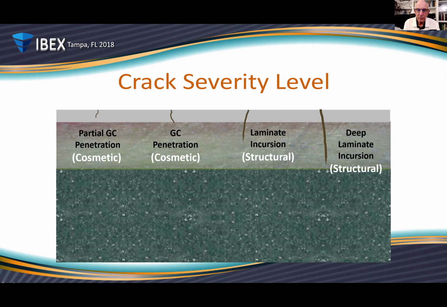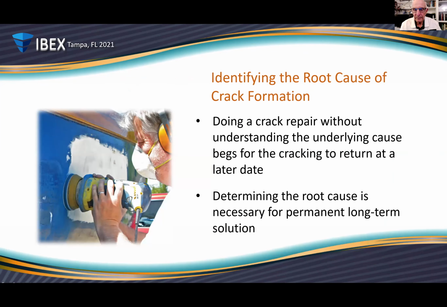So understanding the extent of cracks is very, very important to how you're going to go about repairing cracks, whether they're cosmetic, confined to the gel coat, or whether it's structural and you actually have to repair the laminate structure itself. Okay. So if you do a crack repair without understanding the underlying cause, it just begs for the crack to return.